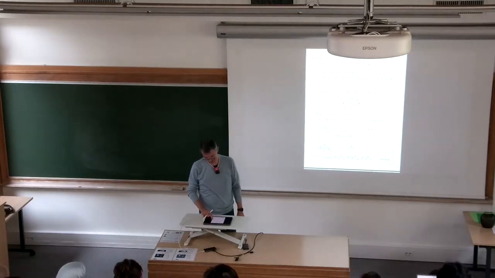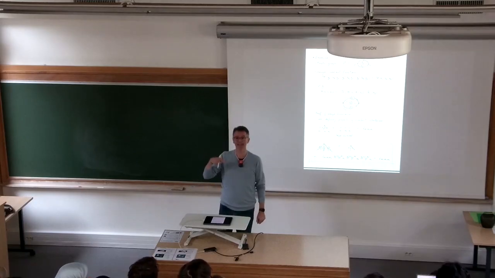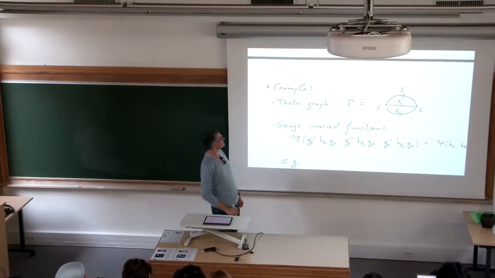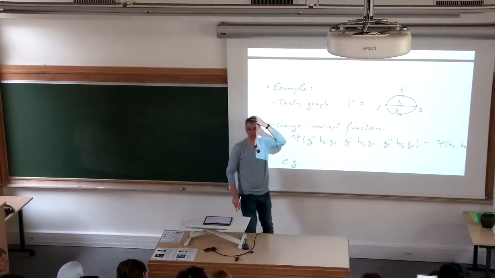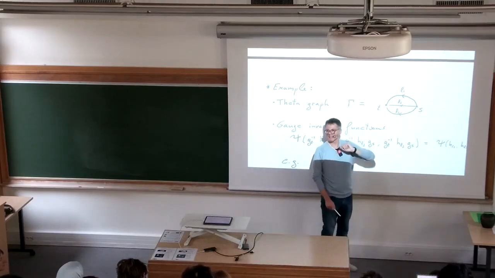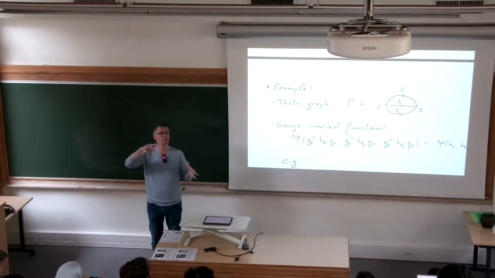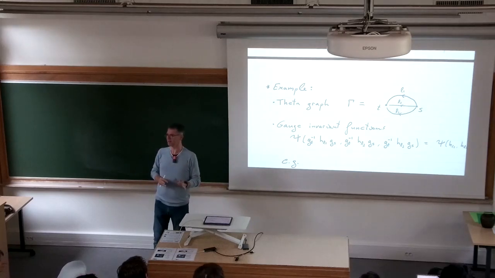Okay, let's do one example. It's simpler than the one that I was giving before. Take this graph. Sometimes it's useful to have a name: the theta graph, because it looks like a theta. It has a node, it's trivalent. So it's not even a tetrahedron now, if you want. It's a tetrahedron with a face of zero area, but the other three don't have zero area.